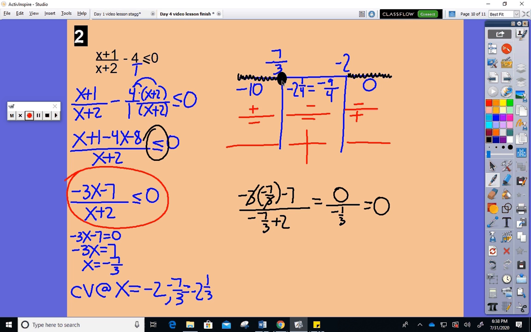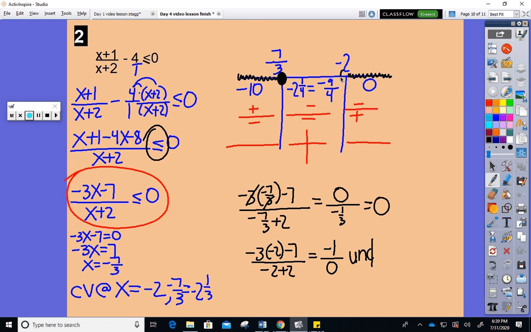But if I plug in negative 2 to the fraction, I get 6 minus 7 is negative 1 on the top and 0 on the bottom. That is not 0, that's undefined. So negative 2 doesn't make the fraction equal to 0.